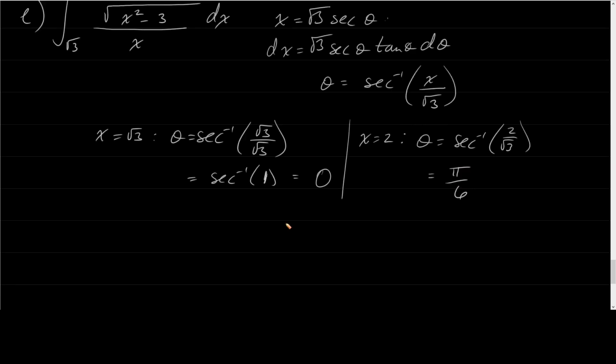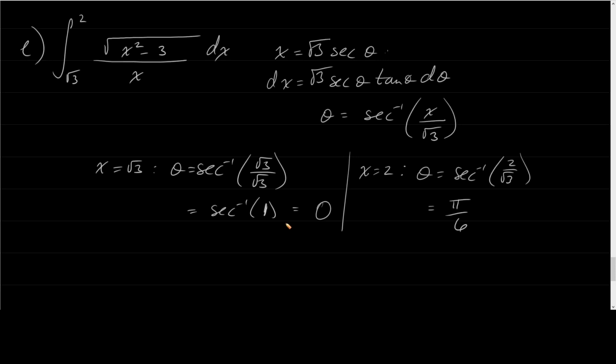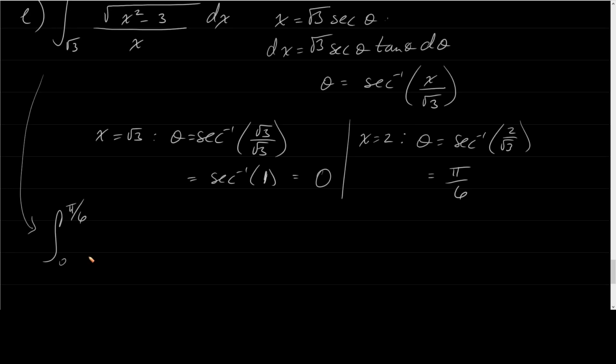All right. So now let's go ahead and rewrite the integral. So in here we're gonna say the integral now becomes the integral from originally radical 3, it's now 0. Originally 2, it's now pi over 6. And we have the square root of x squared, but x was radical 3 secant theta, so radical 3 secant theta squared minus 3.